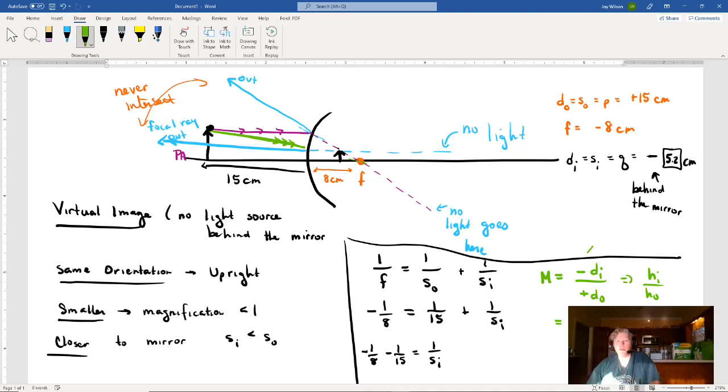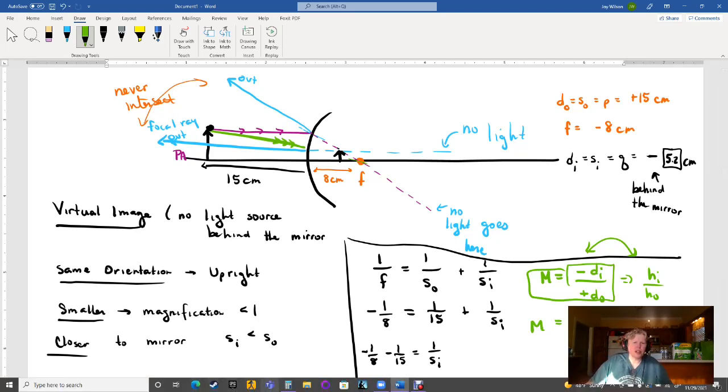You could do it either way, but in this case, since we know this information, this is the way we're going to work the problem. So the magnification is negative 5.2, and my object distance was 15. So we're going to get about 1/3. Let's use that with our calculator.